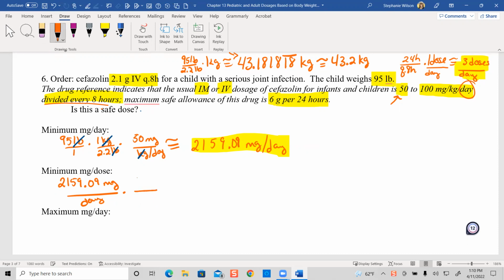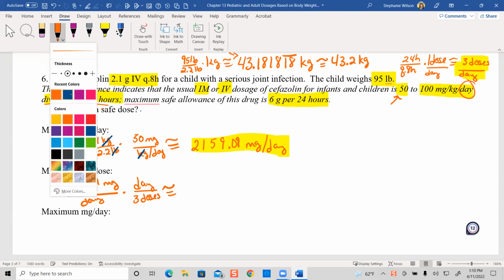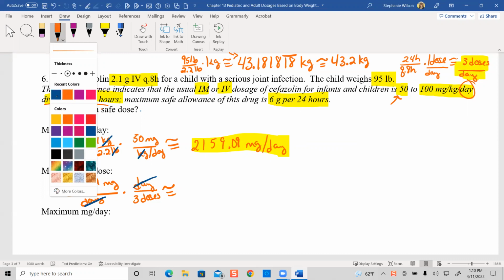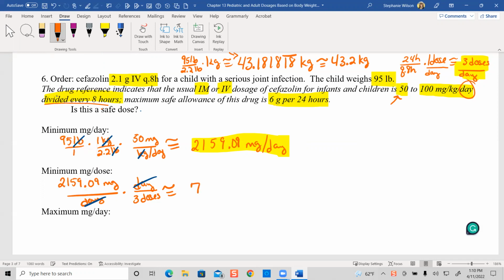So I'm going to say in one day, there's 3 doses, which makes sense. We need to divide this by 3. So it's another way you can catch your error. Mark through the day. So now I'm going to take that 2159.09 divided by 3. And it says let's round to the nearest hundredths.